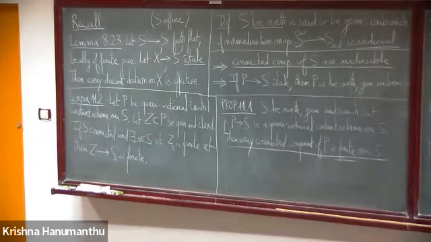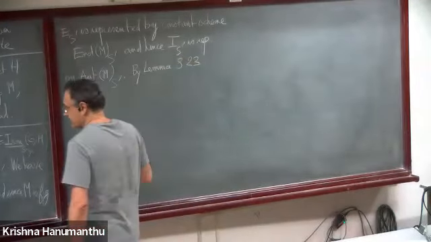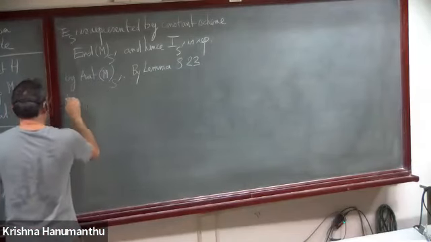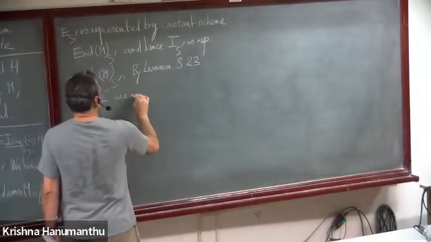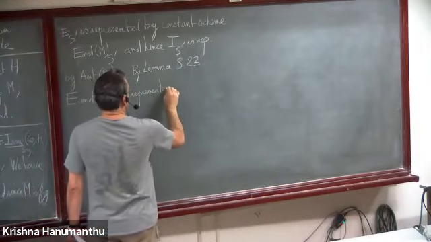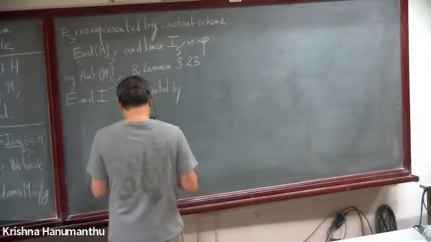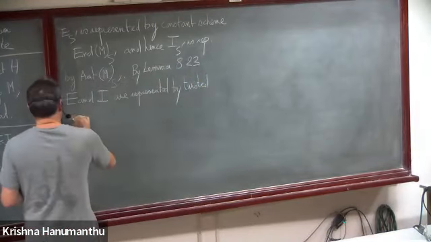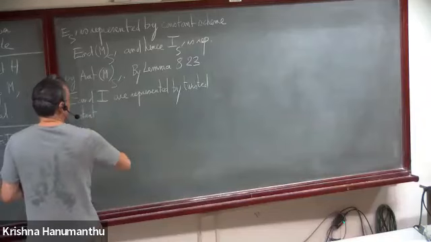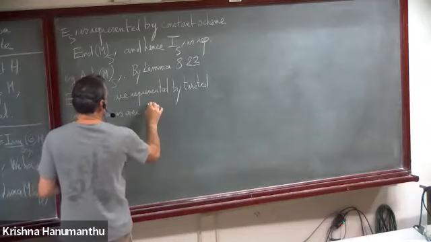So by lemma 8.2.3, the original functors E and I are represented by twisted constant schemes over S.